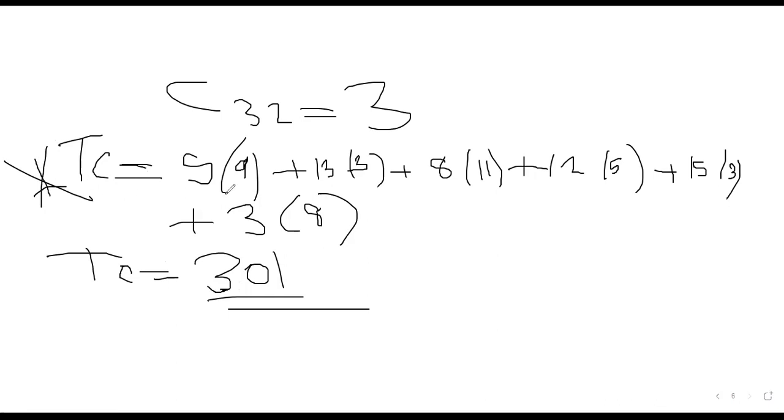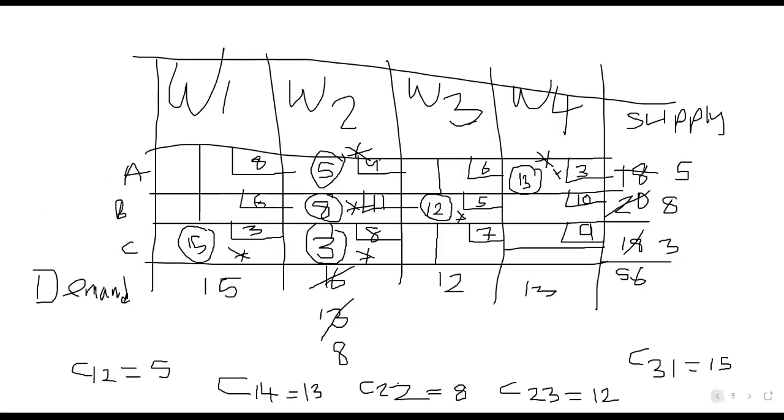So please take note of whatever we are doing. This is just the basis of what is going on here. I'm sure people have followed. All right. So this is it, looking at the least cost method.